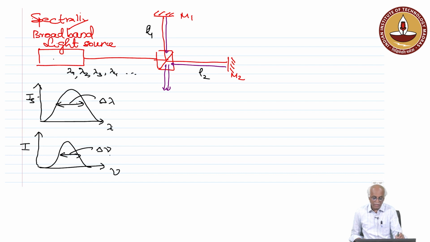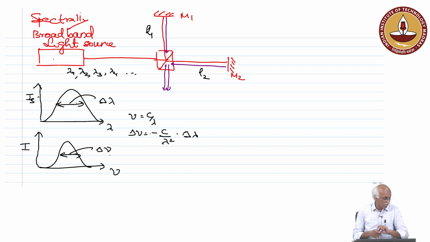You know the relationship between nu and lambda, right. Nu is equal to c by lambda. So, delta nu is equal to minus c by lambda squared times delta lambda, correct. I just took the differentiation, we have already noted. I do not worry much about the negative sign because it is a frequency part, so we do not have to worry too much about it.